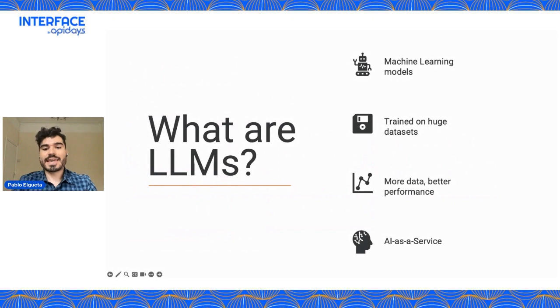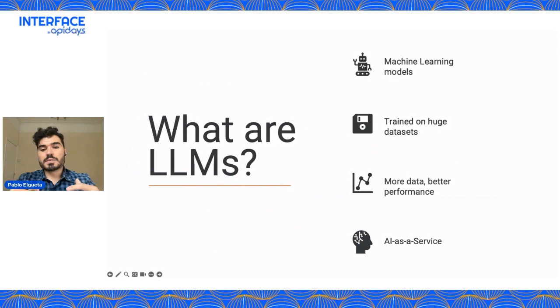This architecture scales in performance with the amount of data it's been trained on. So the more data, the better performance. And this, as you have seen in the past few months, has given us orders of magnitude better performance in terms of what the state of the art was a few years ago.